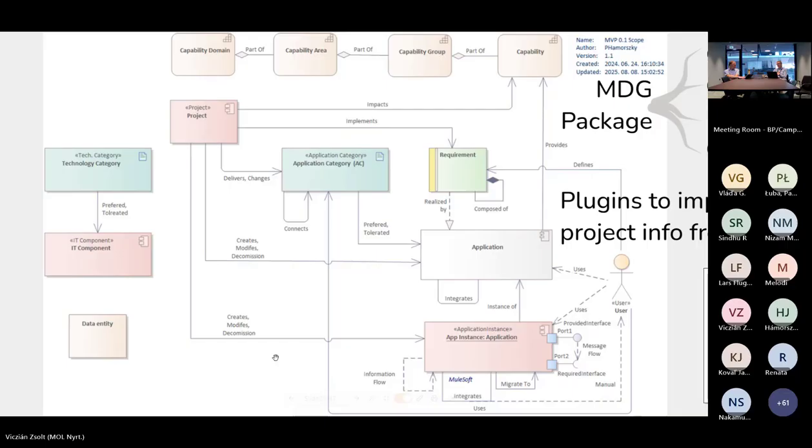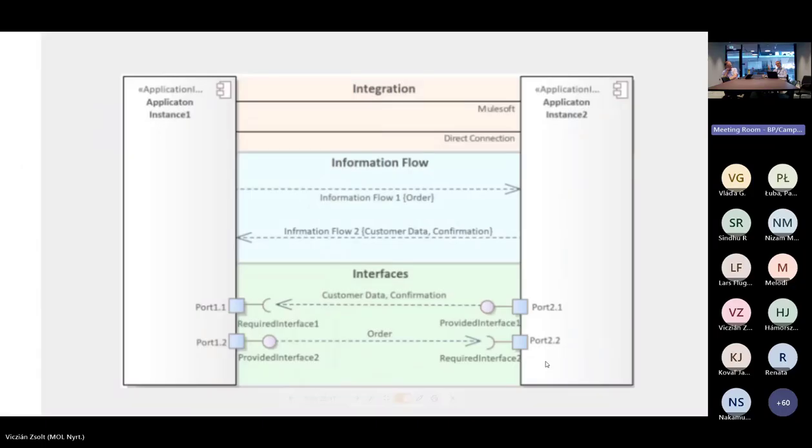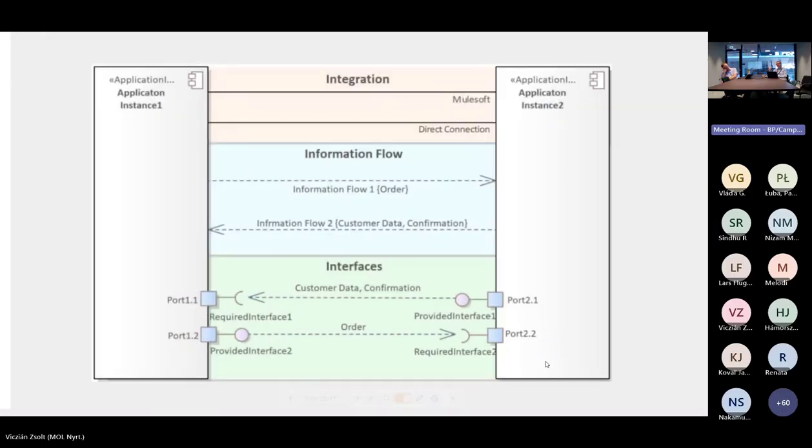Regarding last time in Munich, this model slightly changed, especially the application instance side, because there was a demand to extend the application instances with interfaces as well, at different levels of abstraction. And we identified three levels of abstraction in our company. The main problem was that everyone was talking about interfaces, and sometimes they were thinking about physical interfaces like WSDLs or HTTP URLs.